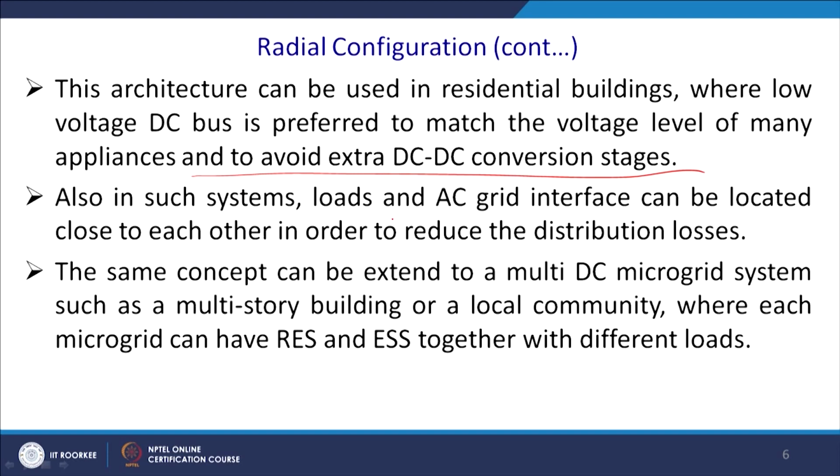But if you have a single voltage bus, then your number of DC to DC conversions will be more. Also in such a system, the loads and the AC grid interface can be located close to each other in order to reduce the distribution losses.